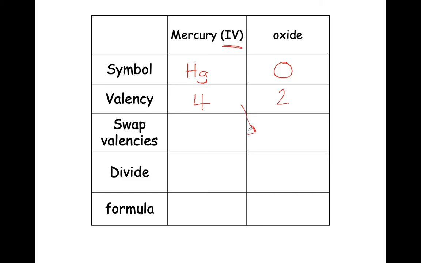If we swap these over, like so, 2 under here, 4 under there, we can then divide these numbers both by 2. So 2 divides to become 1, and 4 divides by 2 to become 2. Our formula then would be HgO2.